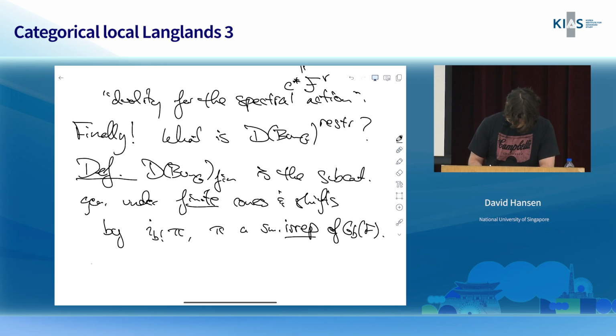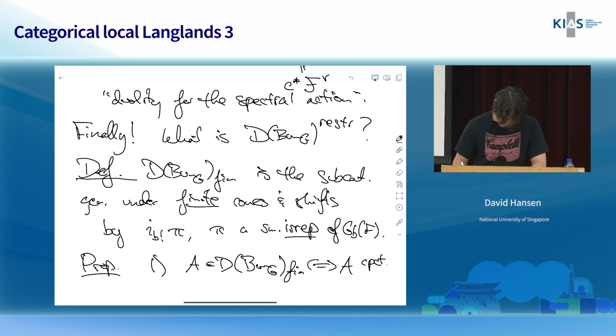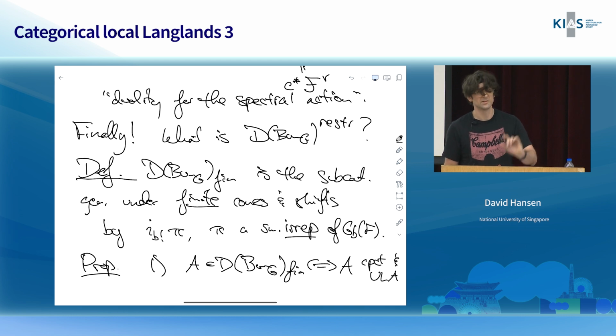And so let me just end with a proposition. So 1, A is in D bun G fin if and only if A is compact and ULA. So this is in parallel with what happened on the spectral side. Cofin was the stuff that was in CoQC and was admissible. Those conditions are in perfect parallel with being compact and ULA by design.